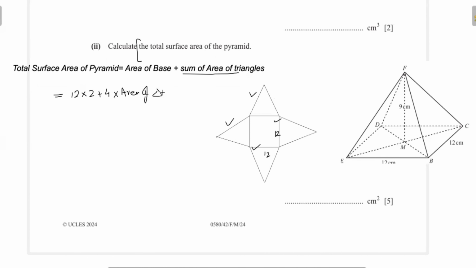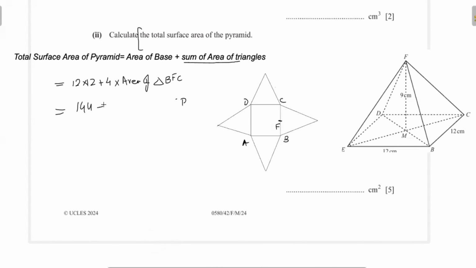We take the area of triangle BFC, and this will be equal to 144 plus 4 times the area of triangle BFC. To calculate the area of triangle BFC, we will draw a slant length here. This is the slant height of the pyramid, and it intersects BC at point P.